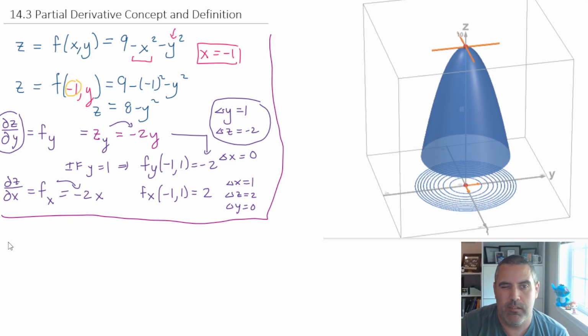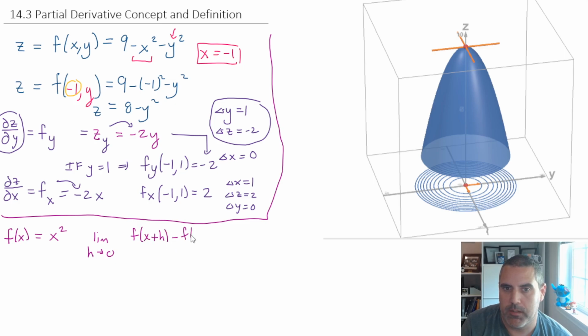So you should remember that if I give you a one variable function and I say, what's the derivative? It comes from doing the slope this way. It comes from simplifying this and then figuring out what happens when h goes to 0. Now, if that's too much there, that's just the rise over the run.